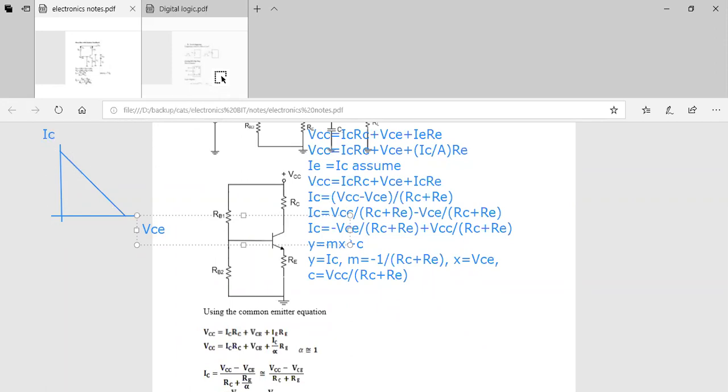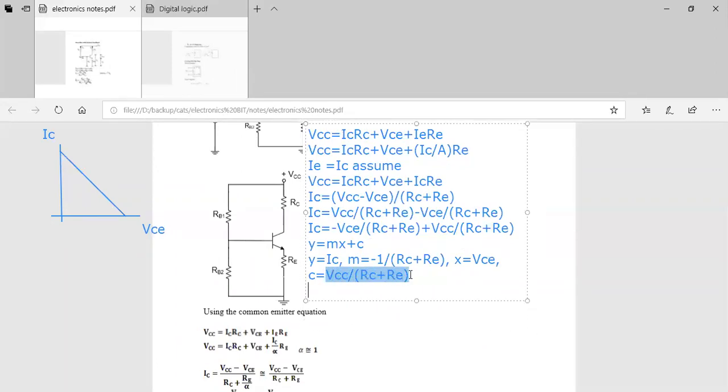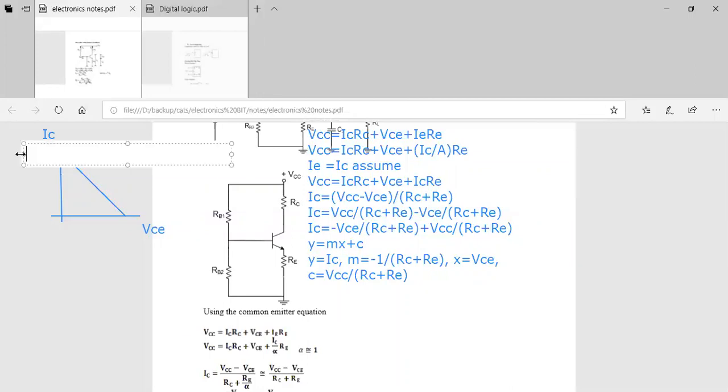This intercept will be given by this value. It's a huge value, but we need to place it somewhere there. It appears at that point.